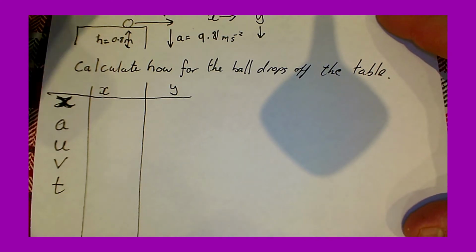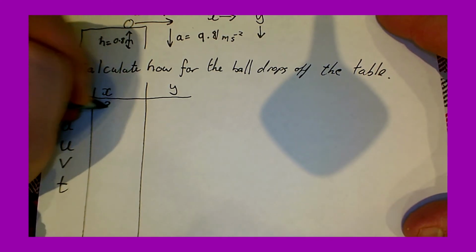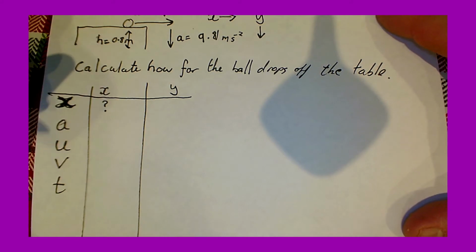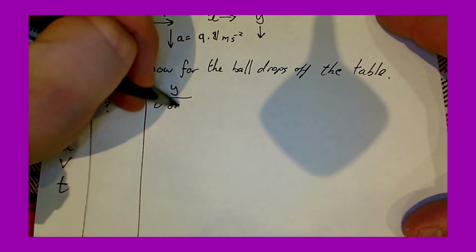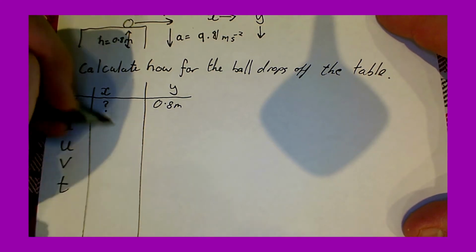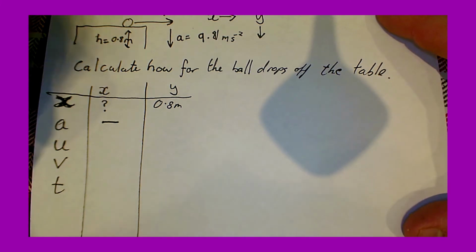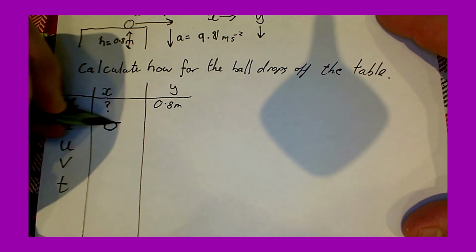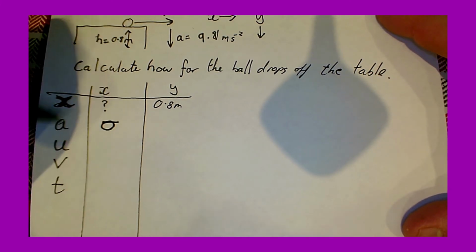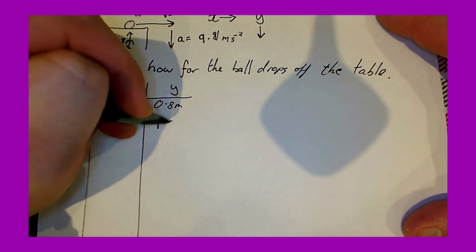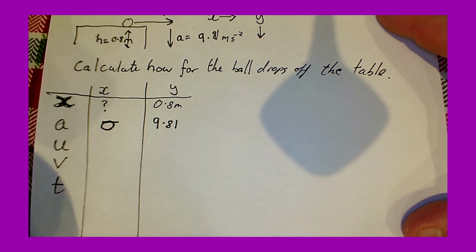So this is what we want to calculate: how far we go in the x direction. How far we go in the y direction is 0.8 meters. We know that, that's how high the table is. Acceleration. Now, all these questions will have no air resistance, so acceleration in the x direction is 0. Acceleration in the y direction is 9.81.